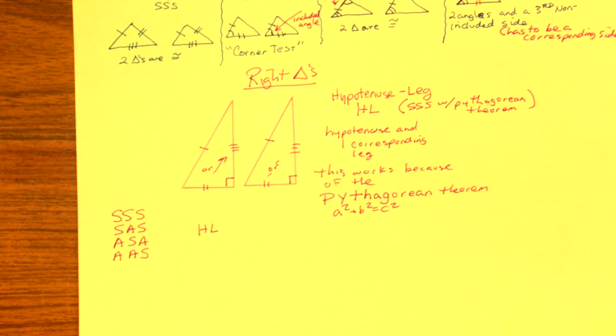We don't write any swear words on our paper because they don't work. Angle, side, side does not work. Angle, side, side does not work at all. I'm not going to write the abbreviation at all for that one.